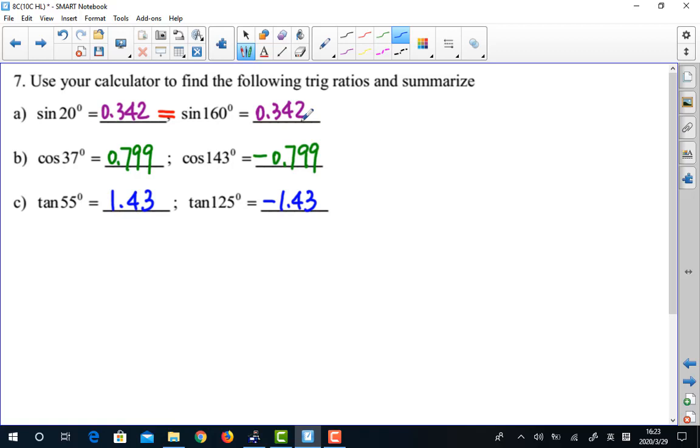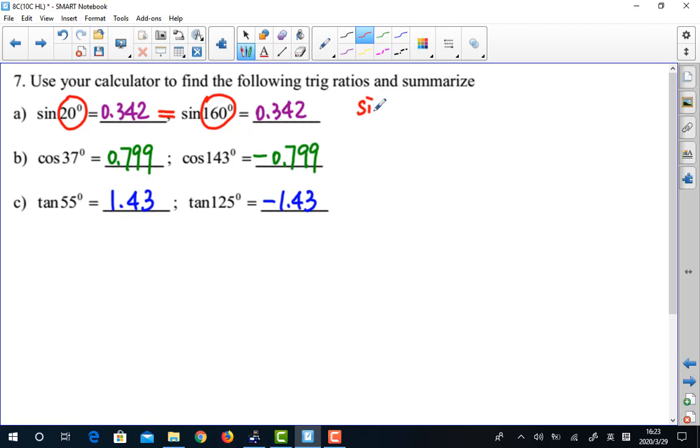Feel free to illustrate more examples to see if the pattern rule you summarize is correct. The first one, I can observe these two angles. The relationship between these two angles is they add up to 180.